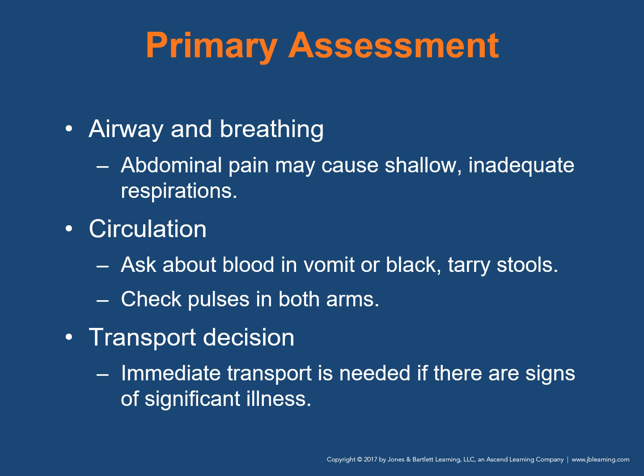If they're complaining about abdominal pain, ask about their bowels and if they've vomited, because if they've had intestinal bleeding, they may complain of bloody stools, which is a lower intestinal bleed, or they may complain of vomit that has blood in it, which is stomach or upper intestines.